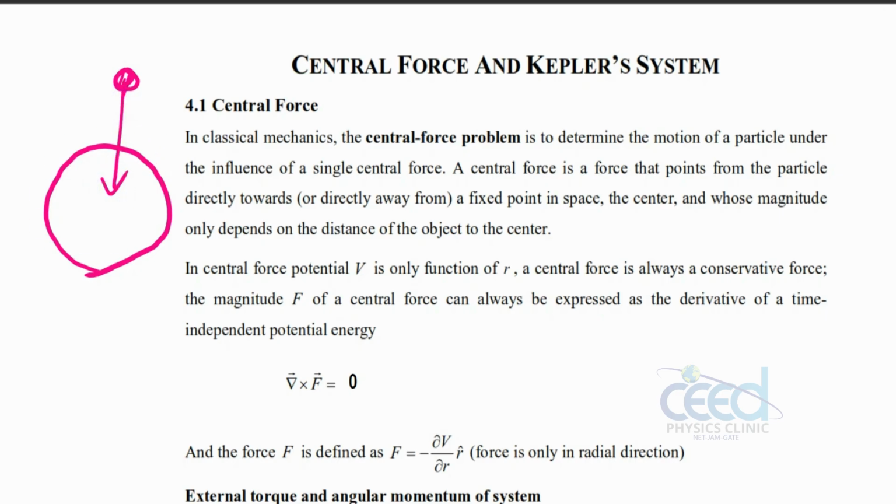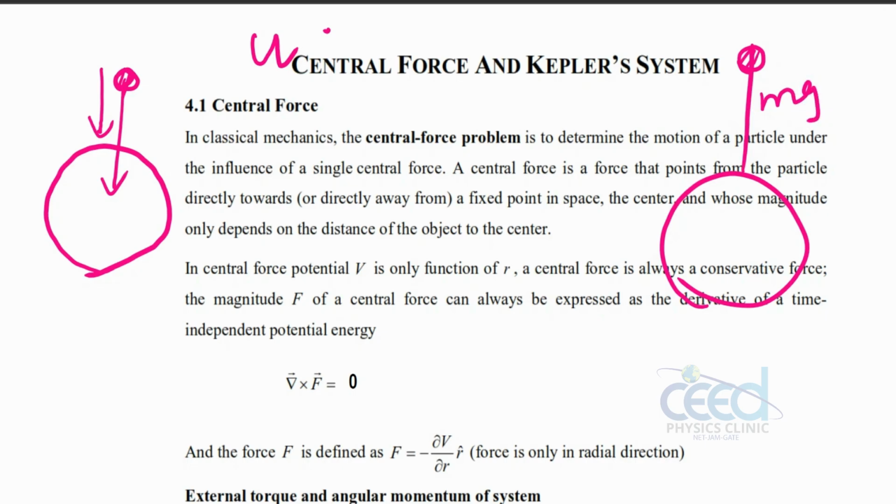Because it has a gravitational potential energy due to the attractive force, right? If U is the gravitational potential energy, suppose you consider any body on the surface of earth at a distance x from the surface, then the potential energy we studied is mgx.